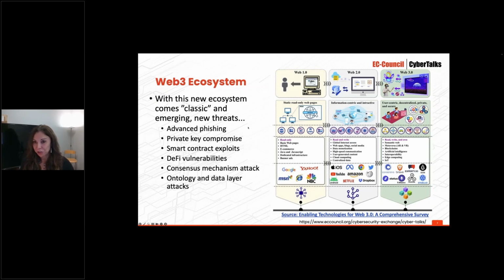So this is something that is true today in our classic environments, but more or less we're seeing more private key compromises because blockchain services, the technology that is running with the consensus algorithms and smart contracts and so forth, there's a lot of key exchange, a lot of cryptography. And so things can go wrong with the implementations of these capabilities on the particular platform. So we're seeing lots of key compromise issues.